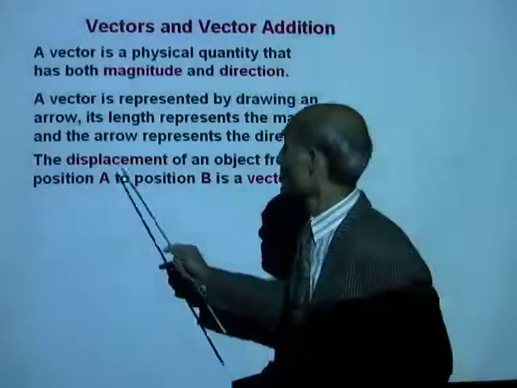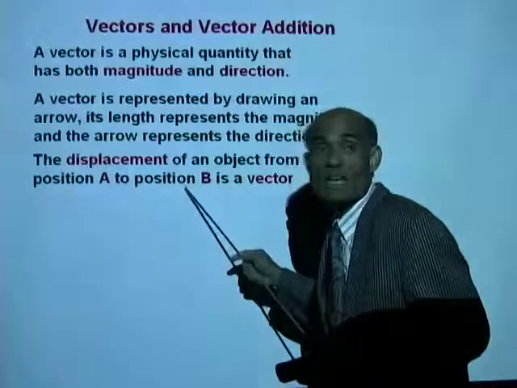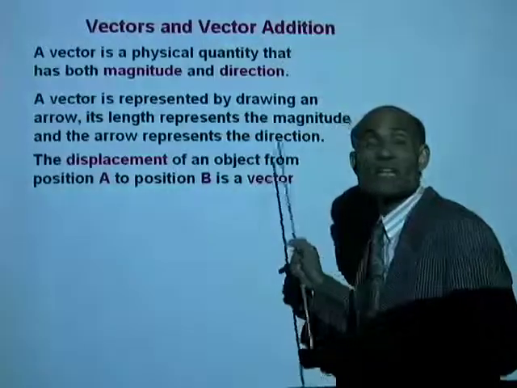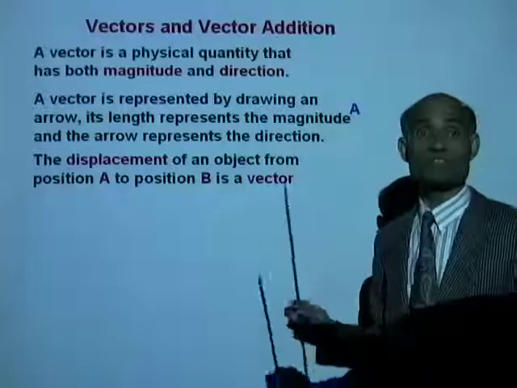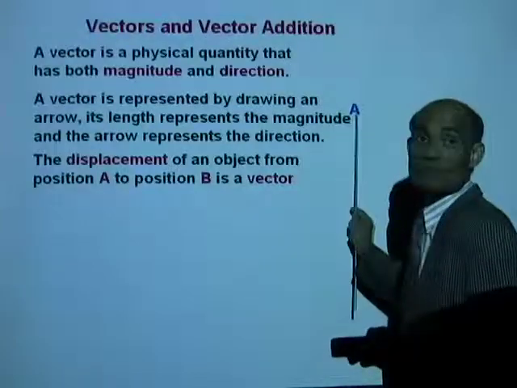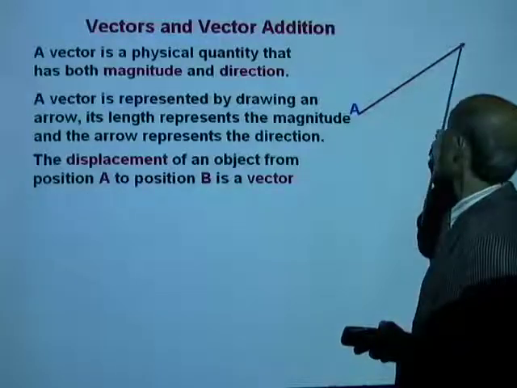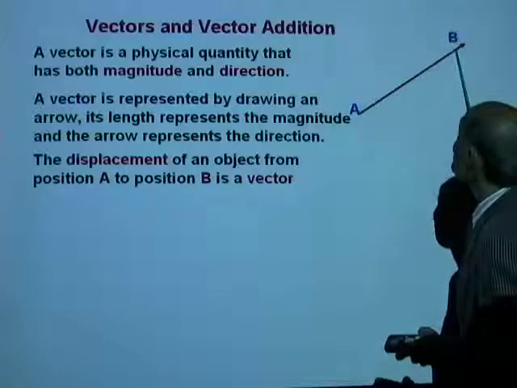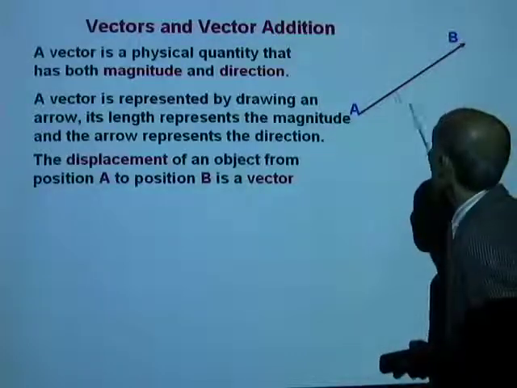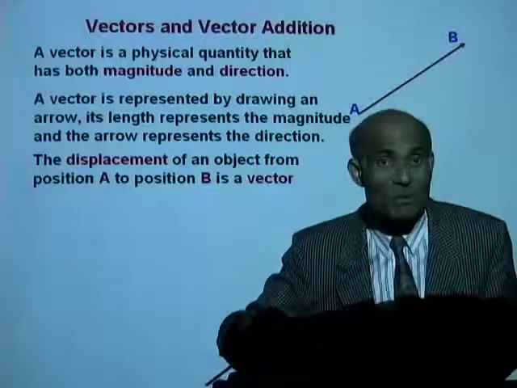For example, the displacement of an object from position A to position B is a vector. Let's draw a vector to represent the displacement of an object from position A to position B. This is an arrow from A to B. The length of the arrow represents the magnitude of the displacement.